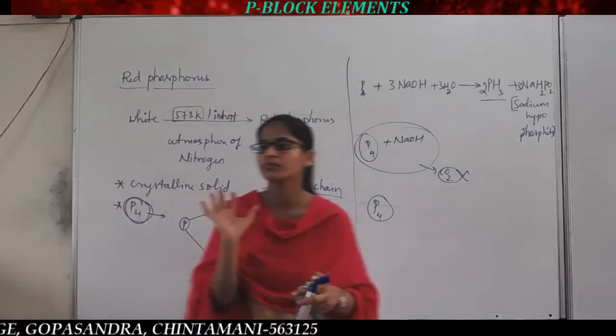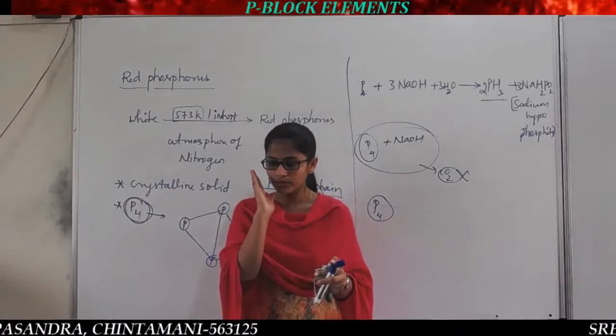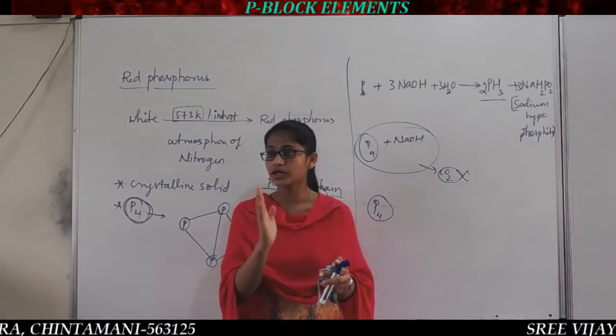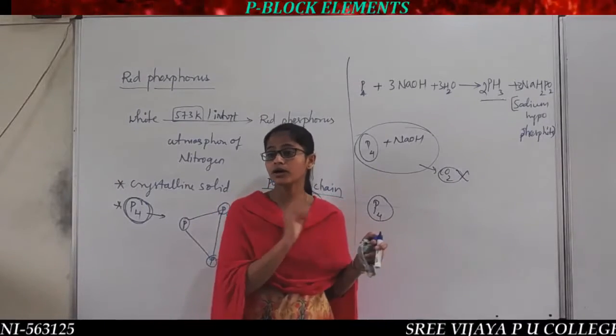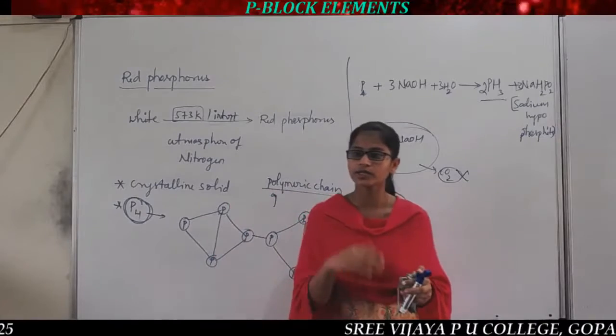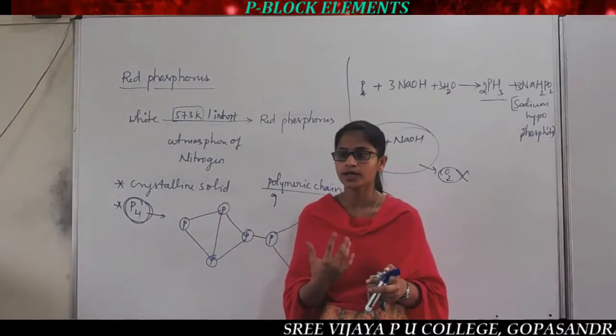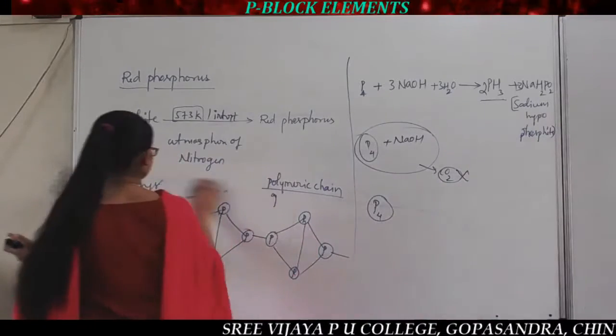The temperature is very important. The same phosphorus at different temperatures, when heated, gives different forms of compounds, either white, red or black. So based on temperature.